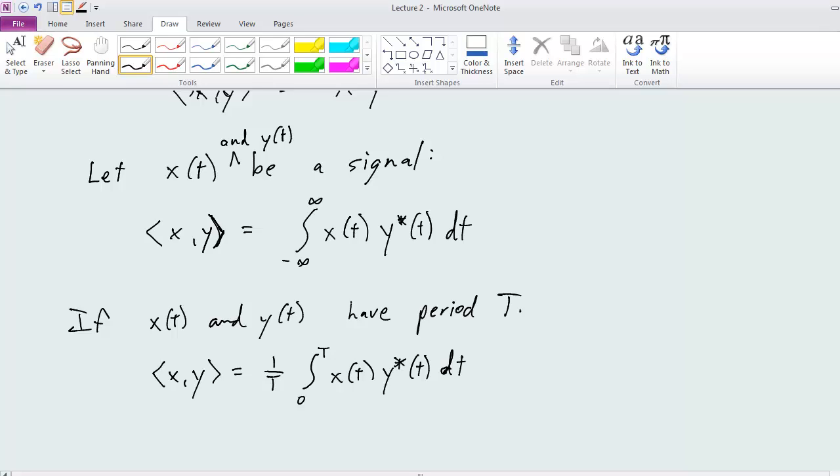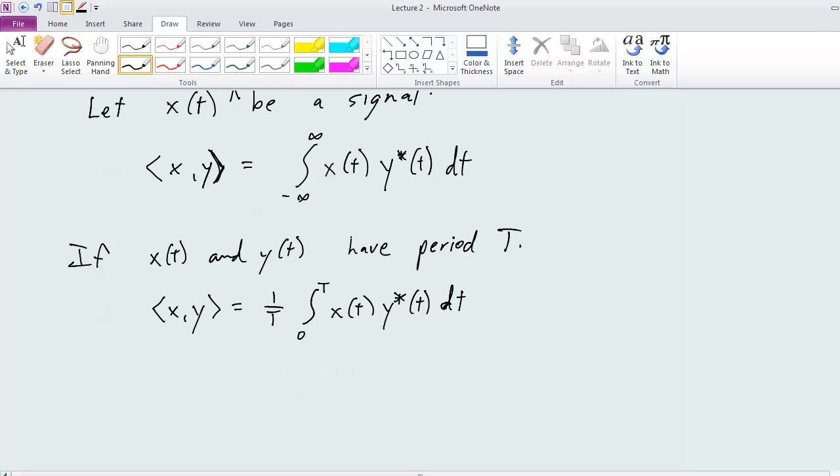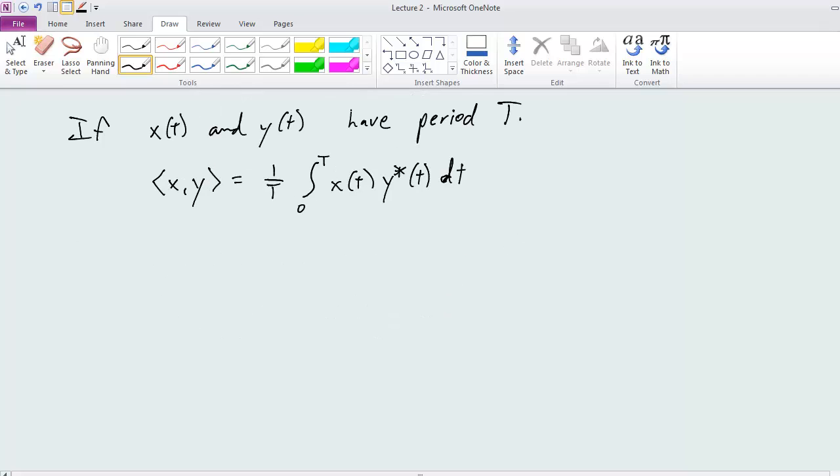The reason I'm mentioning it now, like I said, it will be for the homework, is that we have a notion of the energy of a signal. The energy of a signal is going to be the inner product with itself.